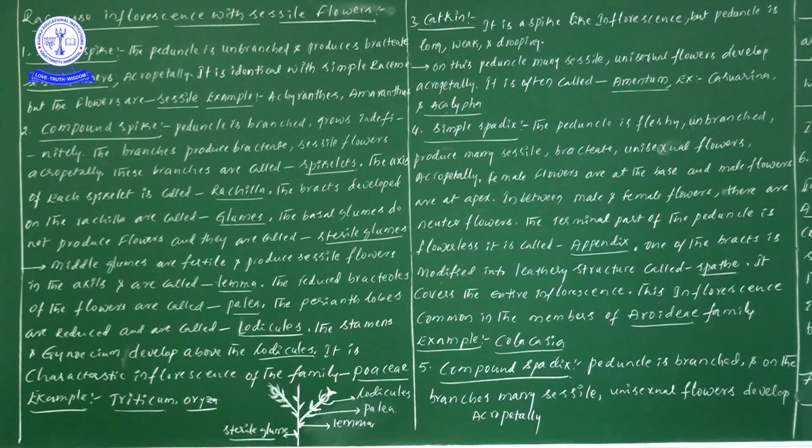So where can we see this kind of inflorescence? For example, Casuarina, and one more is Acalypha indica. Acalypha indica, I have given this explanation once in phyllotaxy.